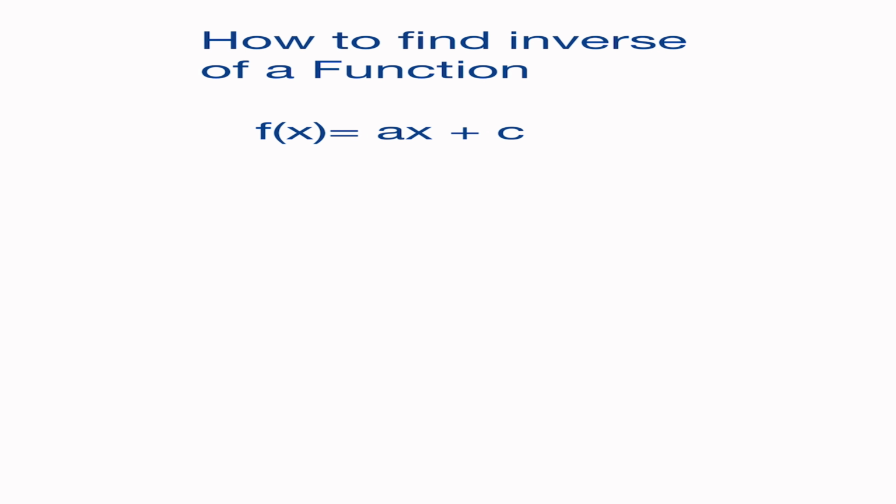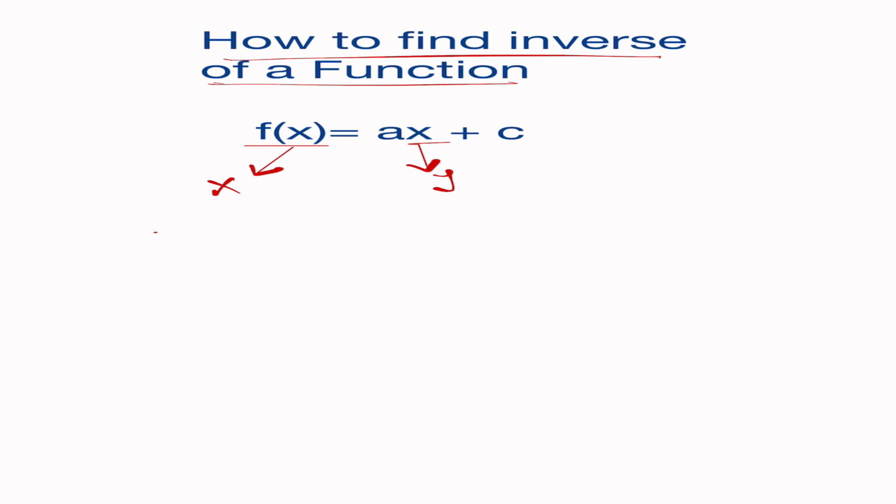Now, how are you going to find the inverse of a function? First, we have to interchange things. Here f of x, we write down as x, since it's going to be our input, and here x, you write down as y, and you solve for this function.